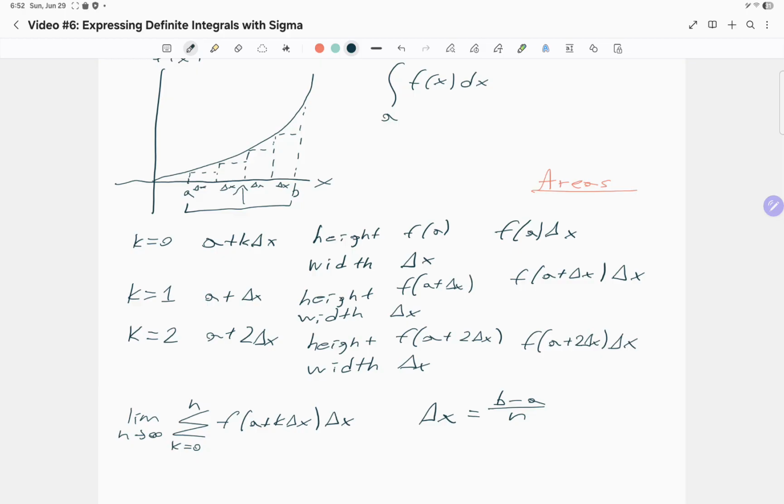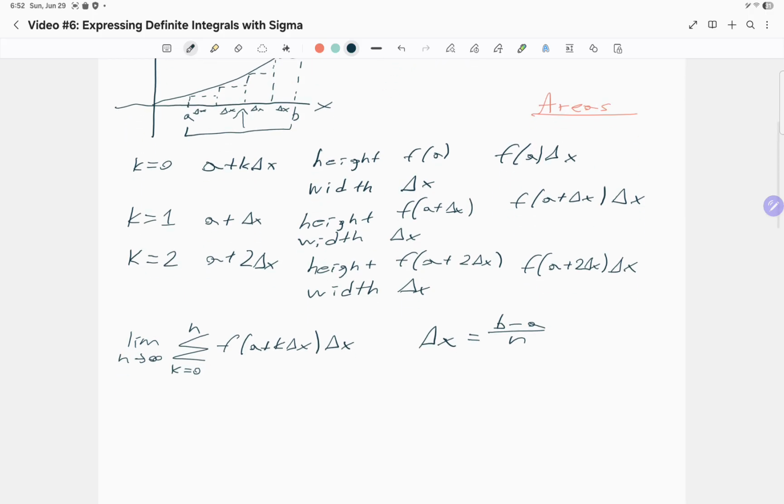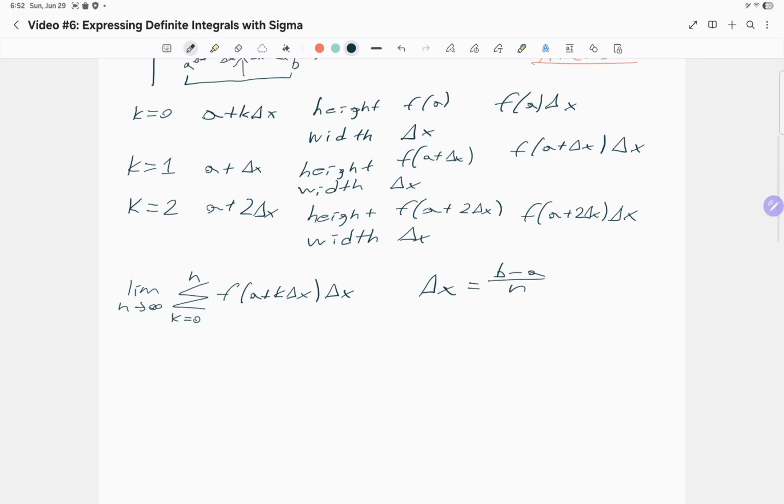So if we divide the total length by our number of rectangles, we're going to get the length per rectangle. So that is our delta x. That's what our delta x is here, if you wanted to substitute that in, just so that makes sense. And so it links to before, if you wanted to say delta x approaches 0. But the approach we're taking here, I think, is much more easy to understand.